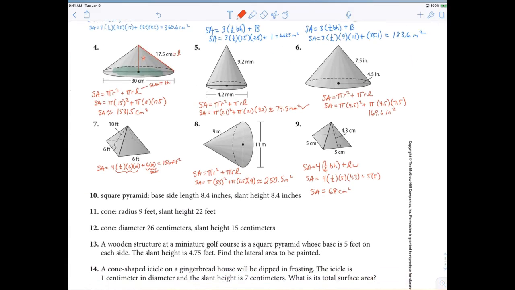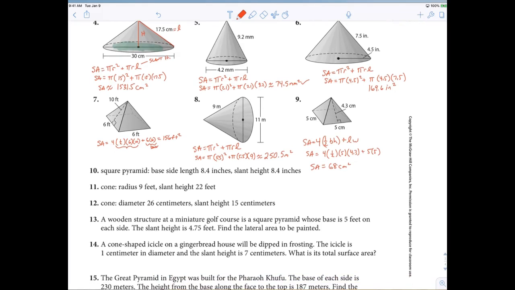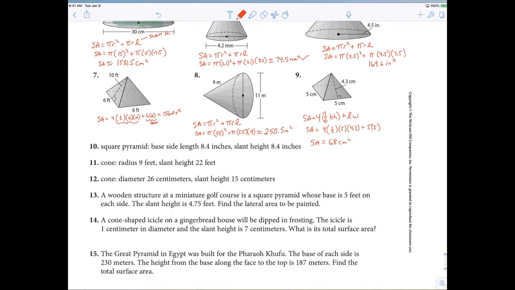Now what they're doing on 10, 11, 12, 13, 14, 15 is they're just not drawing the shape. That's all. They're just not drawing the shape. All right? What time do we get out of here today?